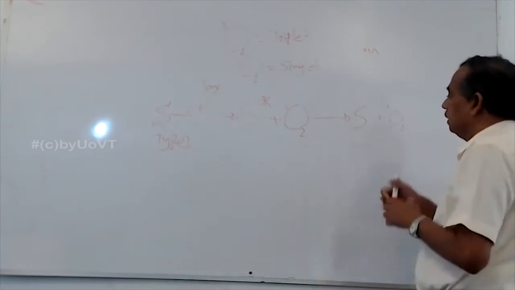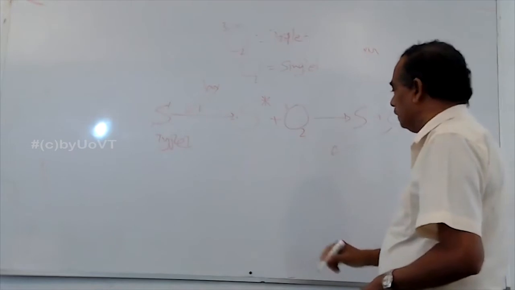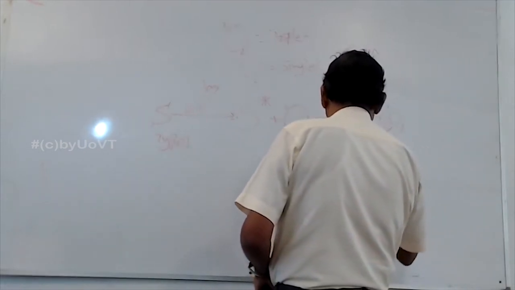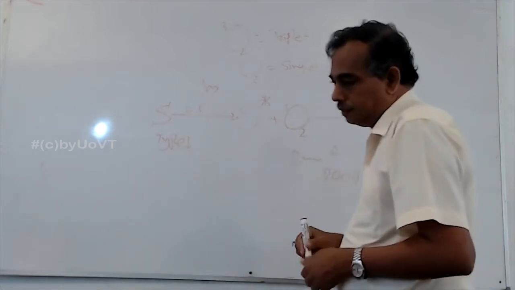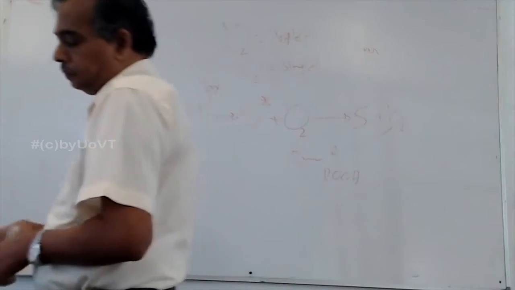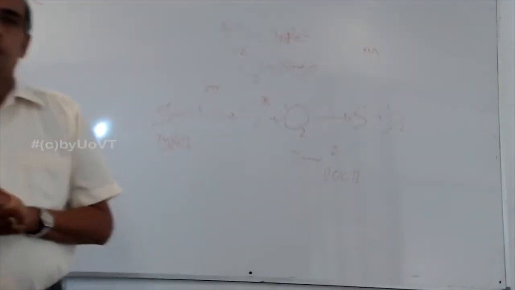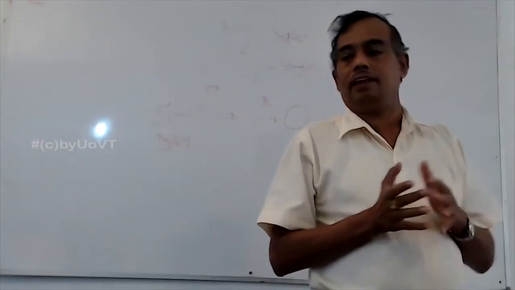Now this singlet state oxygen interacts with the organic compound and forms peroxide. Understood? Did you get the point? Everything is very clear, I think.